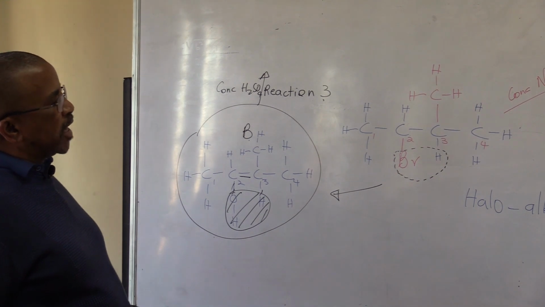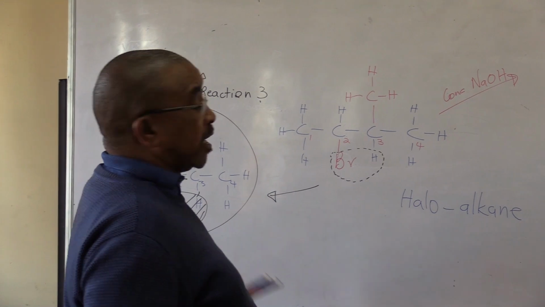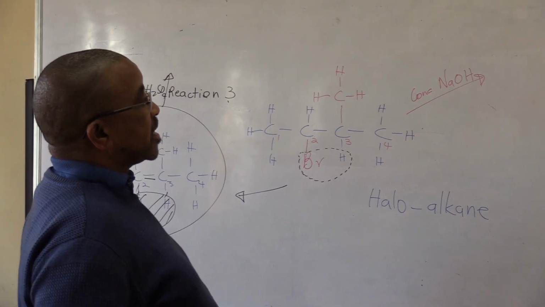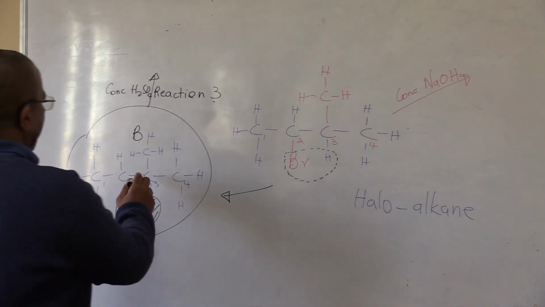Now that we have a double bond here, they say write down the name. I was just analyzing it. Write down the IUPAC name of the major product formed. What is the name of this?